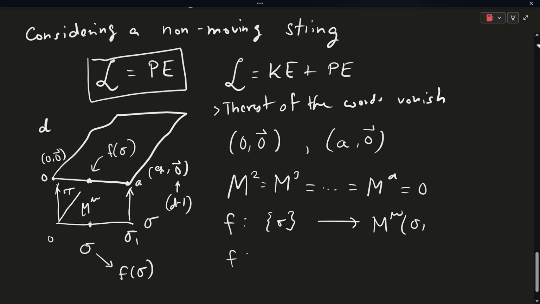Okay, so this only maps it onto a sigma. All right, so what are the rules for this function? So this f of sigma would be equal to a when my sigma is equal to sigma 1, and f of sigma would simply be 0 when sigma is equal to 0.